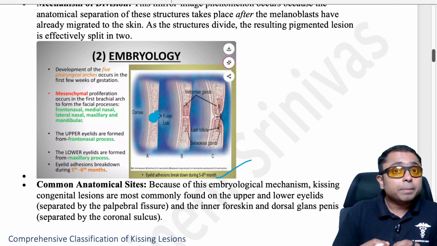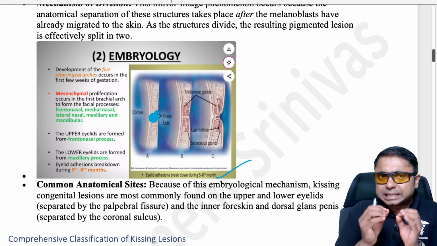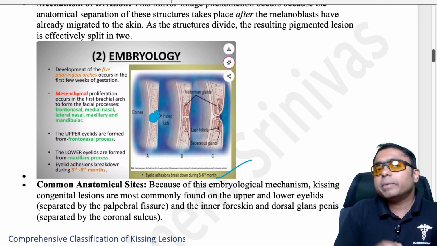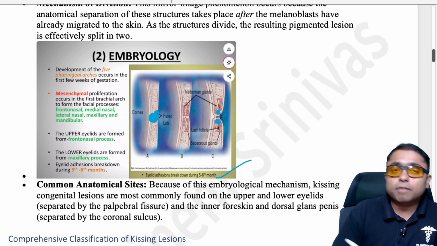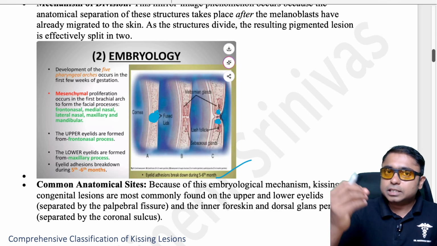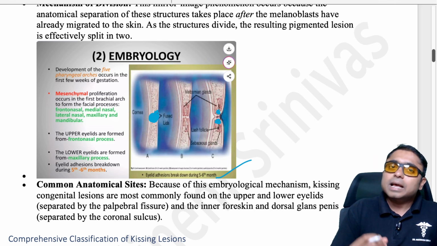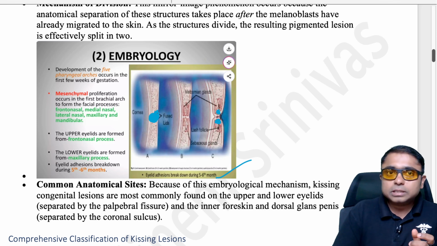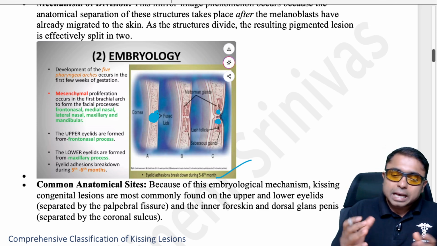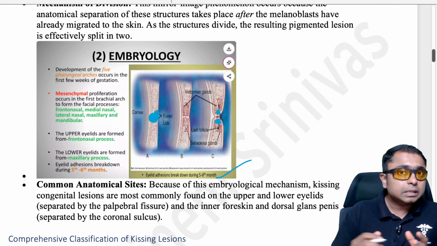Because this happens before separation, after the adhesion bands are separated, the lesions are present precisely at mirror image locations in a kissing pattern. That is the reason why the congenital melanocytic nevus over the upper and lower eyelids is very famous for this term.